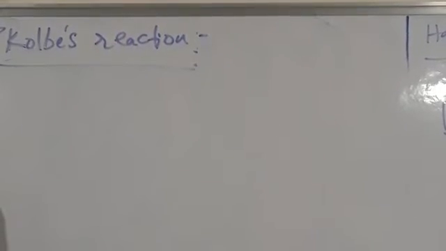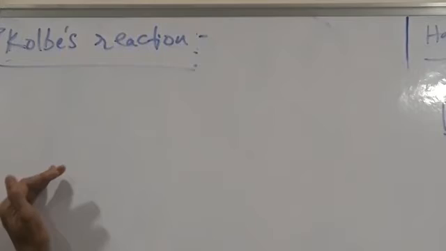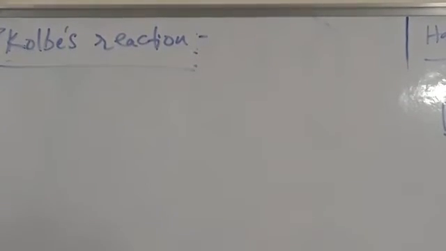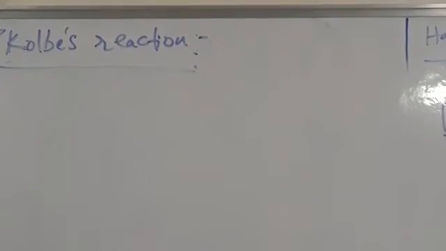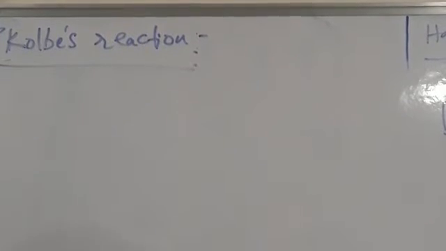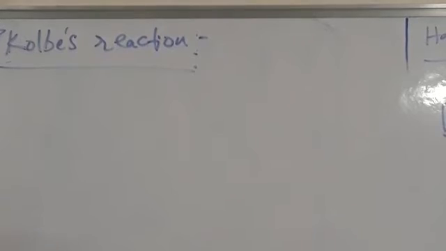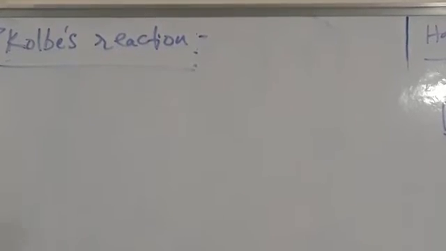Sodium phenoxide is more reactive than phenol; you already know about that. It is more stable and also highly reactive than phenol towards electrophilic substitution reactions. It reacts with carbon dioxide, followed by acid, and finally it gives salicylic acid.